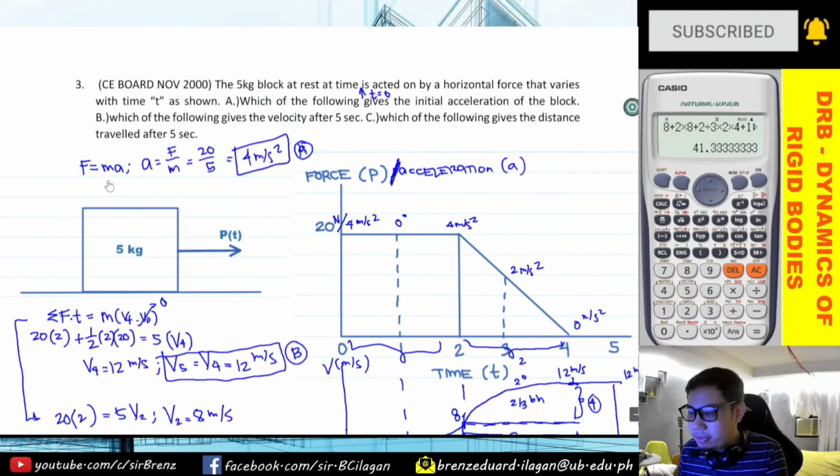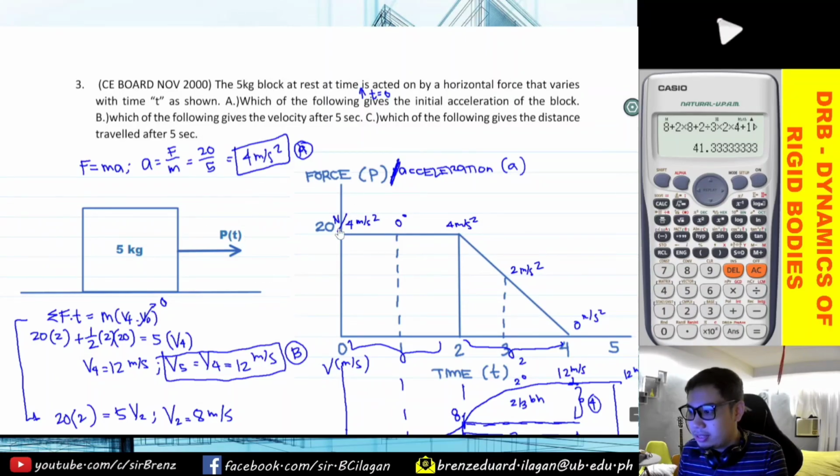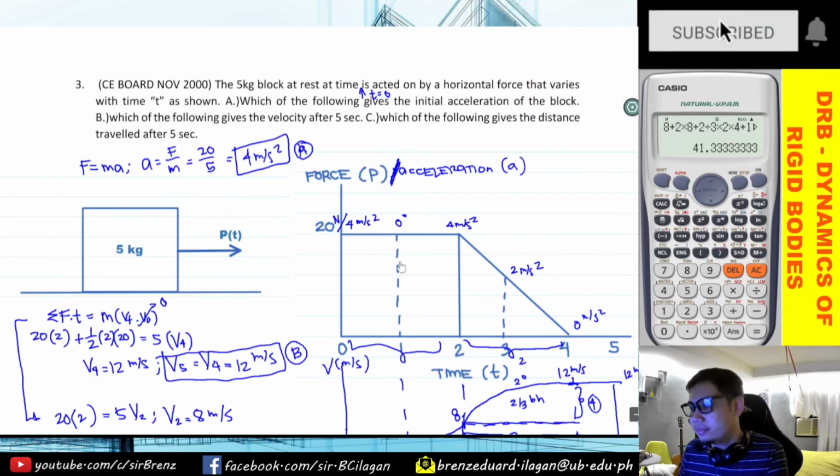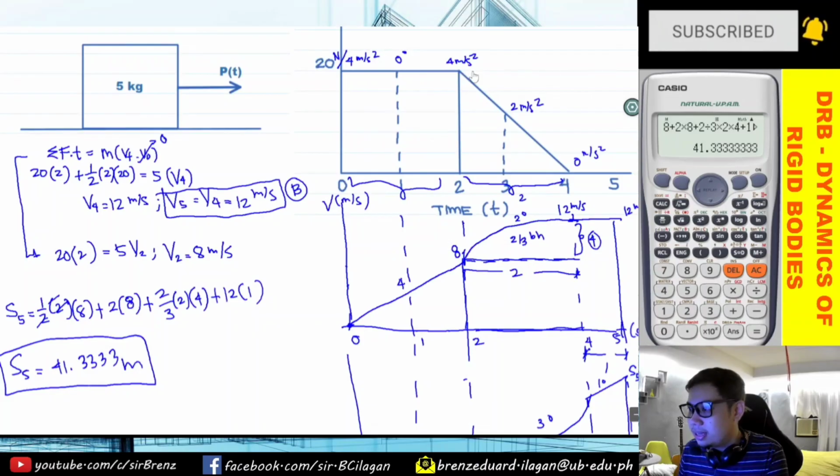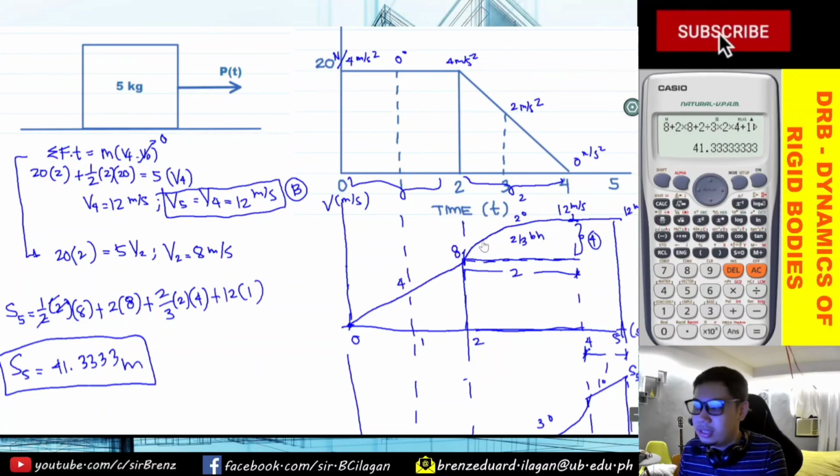So nahanap ko yung acceleration niya considering yung force. So kinonvert ko lang siya using F is equals to M times A. Ayan. So after getting the acceleration, area lang nito 4 times 2. So 8. And then 0 maging first degree. So ayun.